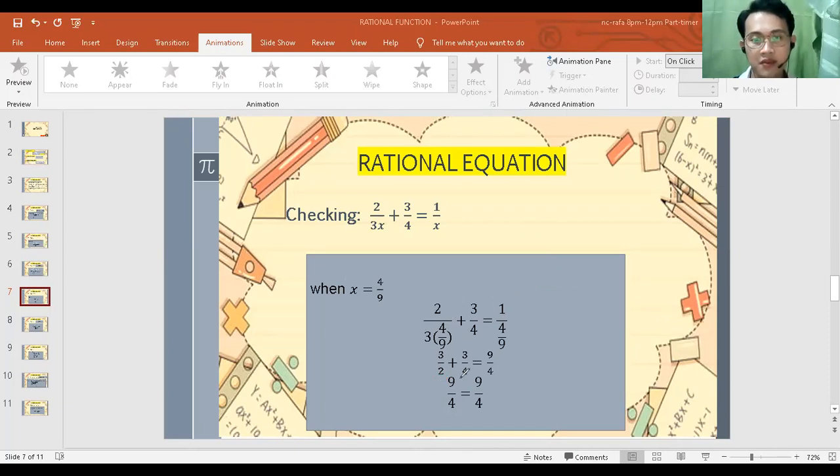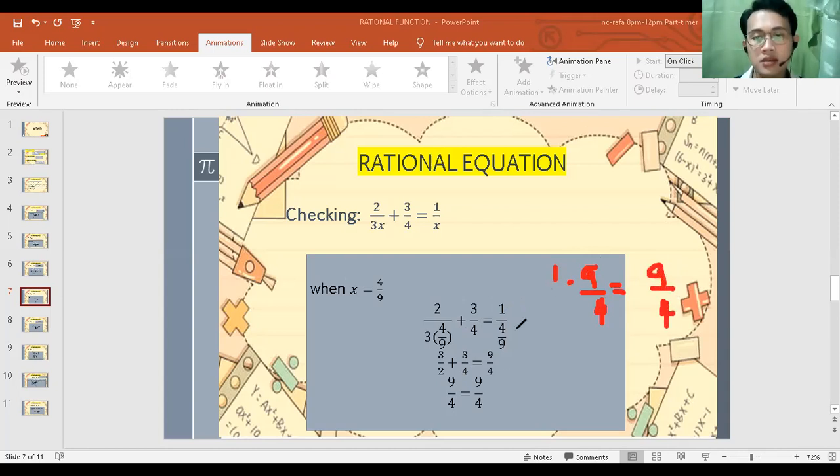Next, copy 3 over 4, and then 1 over 4 over 9. How did we get 9 over 4? So let me show you here. 1 times 9 over 4, which is equal to 9 over 4.